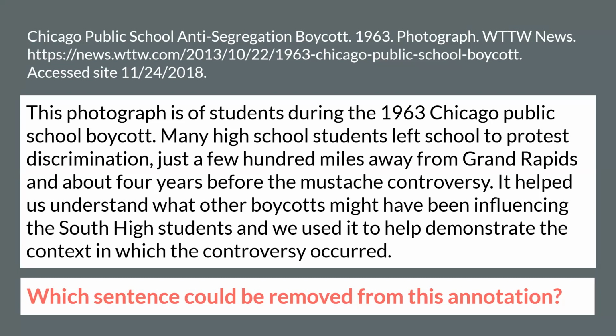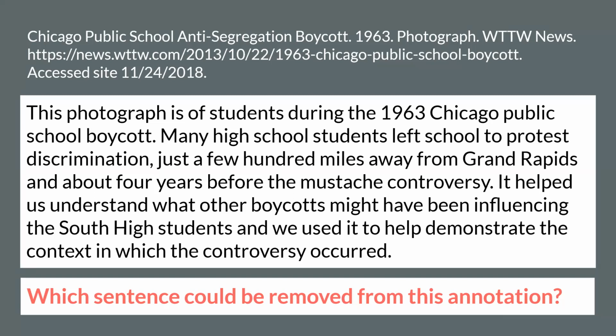The citation is right across at the top of it. And then their annotation is 3 sentences long, but I would argue that one of these sentences can go. I'm going to read it, so thinking about sentence 1, sentence 2, and sentence 3, which one would you get rid of? This photograph is of students during the 1963 Chicago public school boycott.